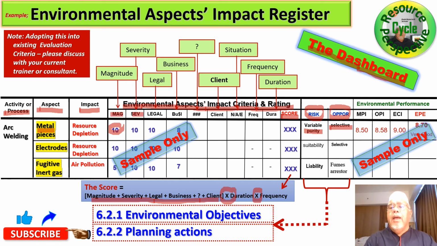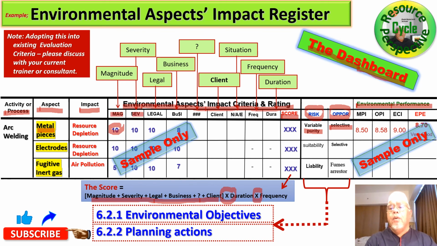Okay, and another thing, remember, intended outcome should include, actually it must include, some form of environmental performance as our intended outcome in our environmental management system, ISO 14001 version 2015.